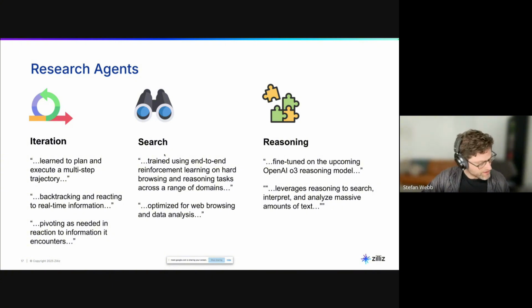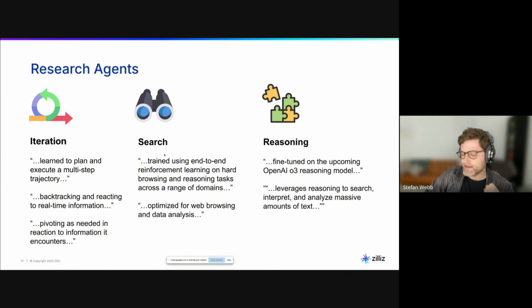In terms of iteration, they mention things like learn to plan and execute a multi-step trajectory, backtracking and reacting to real-time information, and pivoting as needed in reaction to information encountered. So there's going to be an aspect of iteration in the flow of this research agent.